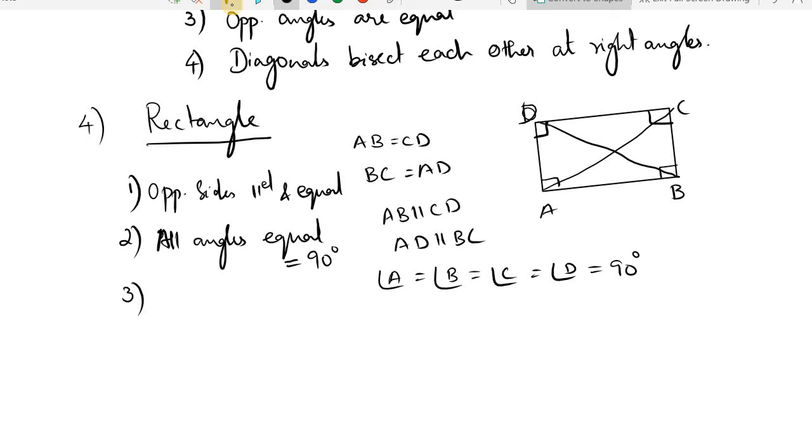But the interesting thing here is diagonals are equal. So in a rectangle, diagonals are equal and also bisect each other, but they don't bisect each other at 90 degrees. That is something you need to keep in mind. That is very special for a rhombus.